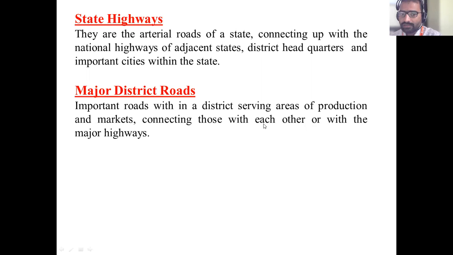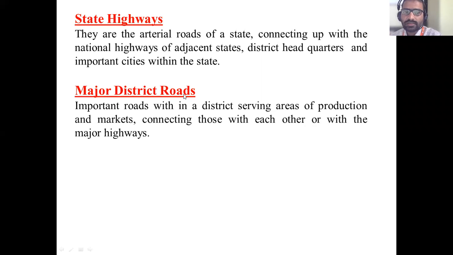If there is a national highway, the state highway will connect to the national highway of adjacent states, and these state highways will connect to the district headquarters and important cities within the state.